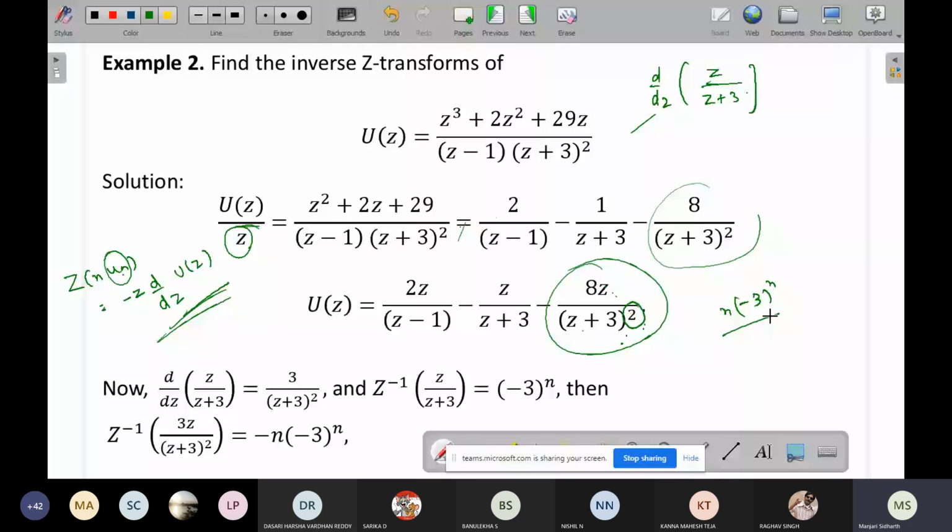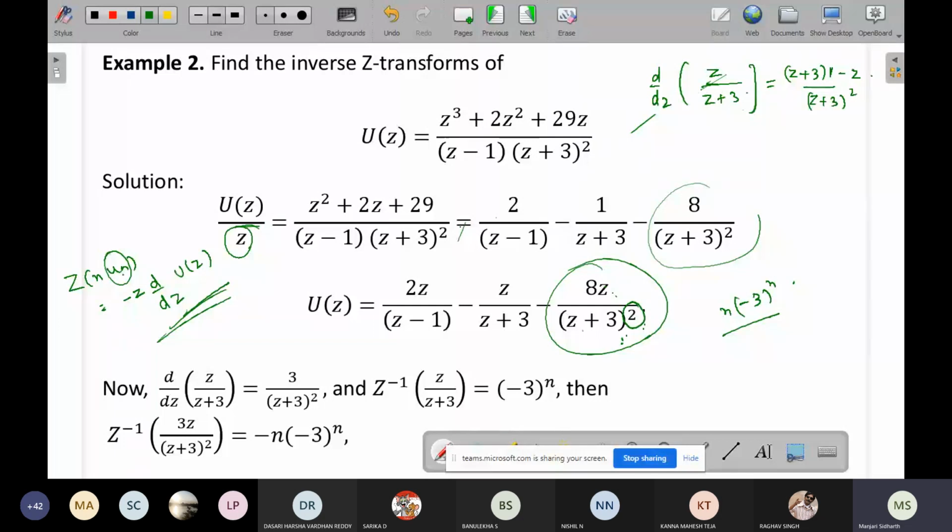Now how to handle that, how to balance these terms? So let's see this. Derivative of this, z plus 3 whole square, see square came, right? Z plus 3 same, its derivative 1 minus z same, and derivative of z plus 3 is 1 again.